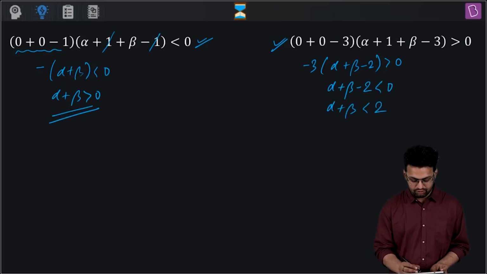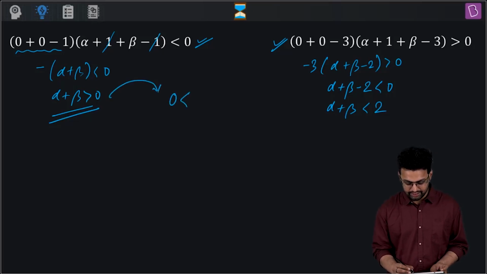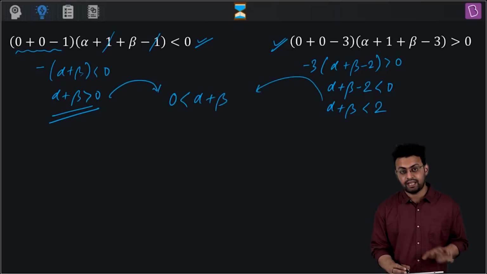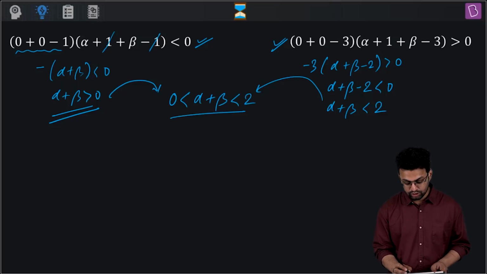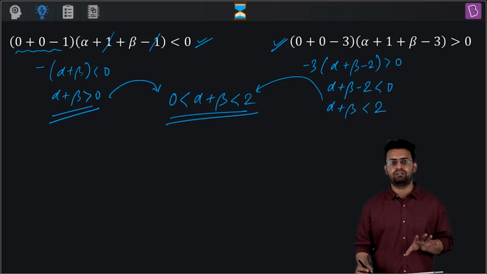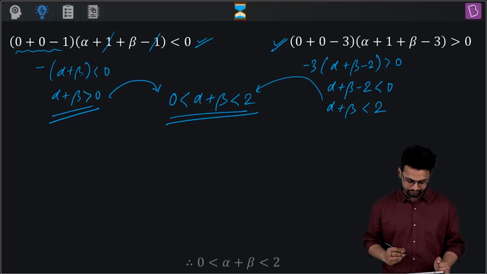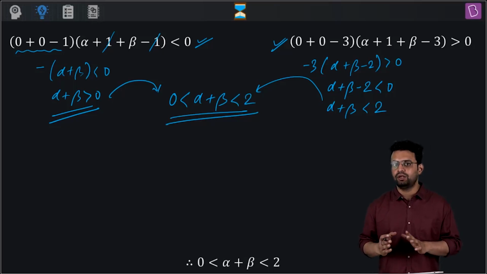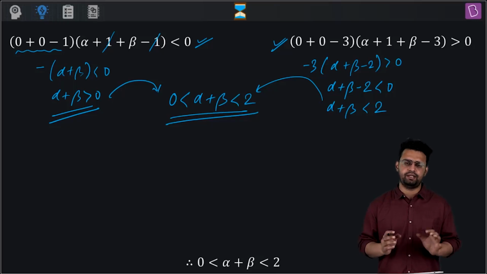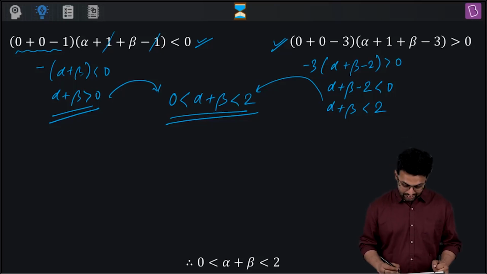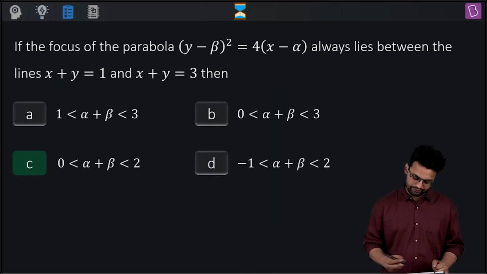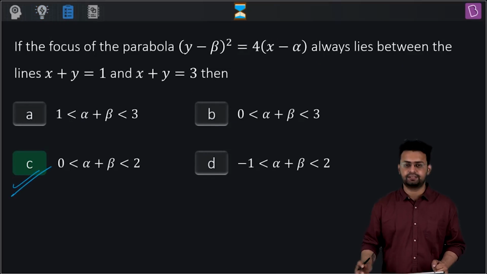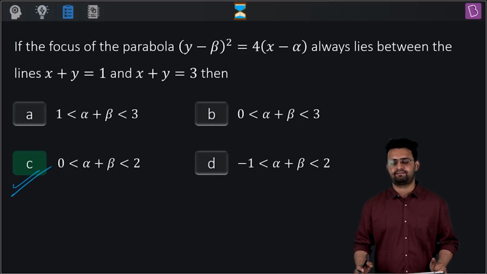So from here I am getting that 0 is less than alpha plus beta, and from here that alpha plus beta is less than 2. So this is the final range of alpha plus beta: greater than 0, but on the other side less than 2. Okay, now let us have a look at the options part. Yes, option C is the absolutely correct option.